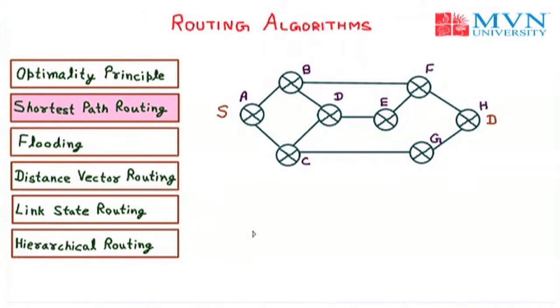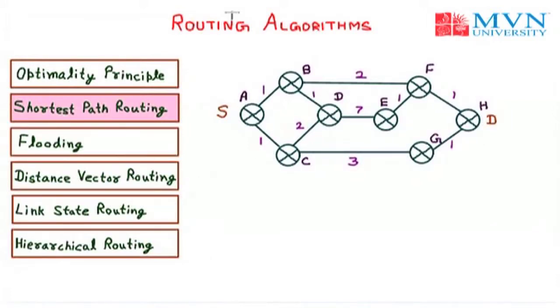Let us suppose the distance between A and B is 1, B and F is 2, and F and H is 1. B and D is again 1, D to E is 7, E to F is 1, D to C is again 2, A to C is 1, C to G is 3, and G to D is 1.